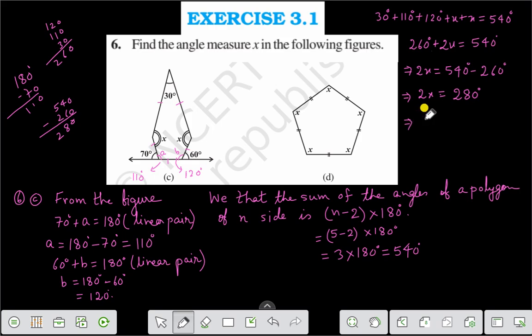Or you can write x is equal to 280 by 2, or you are getting the value of x as 140 degree. Therefore the value of x is equal to 140 degree, right? That means the value of x here is 140 degree, and this value of x is also 140 degree, right?